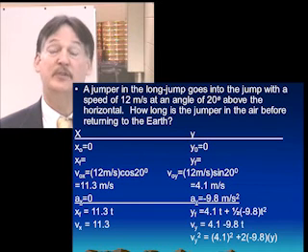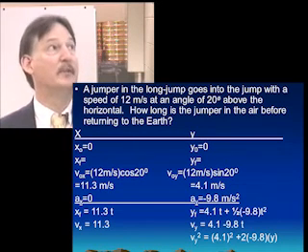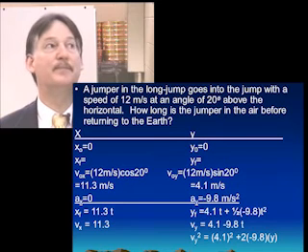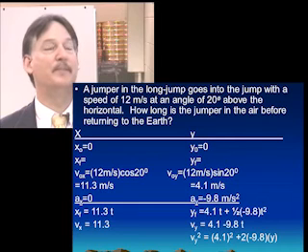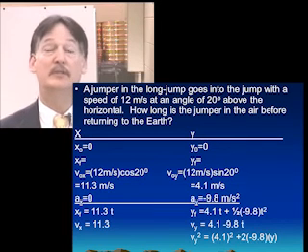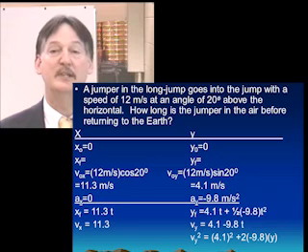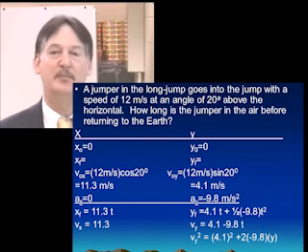So using our sine and cosine trig functions, v0, 12, times the cosine of 20 is our component in the x direction. That comes out to 11.3. And similarly, v0 times the sine of 20 degrees is our component in the y direction, and that works out to 4.1 meters per second.